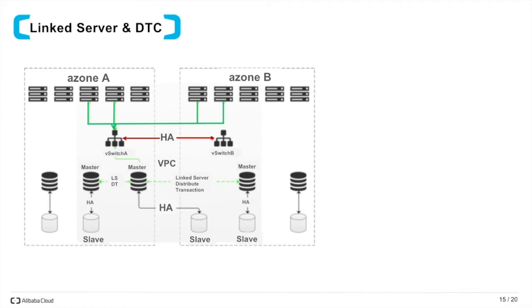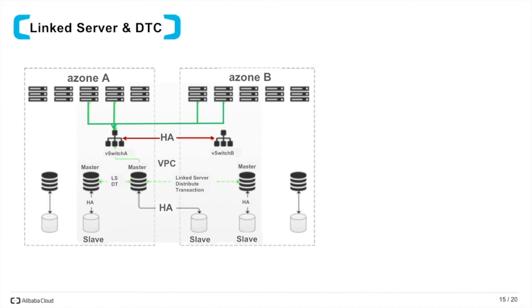You can use linked server directly between RDS instances in the same VPC environment. If your other SQL Server instance is self-deployed on ECS, which is the classic network type, you will first need to enable the ECS ClassicLink to the VPC which the RDS belongs to.